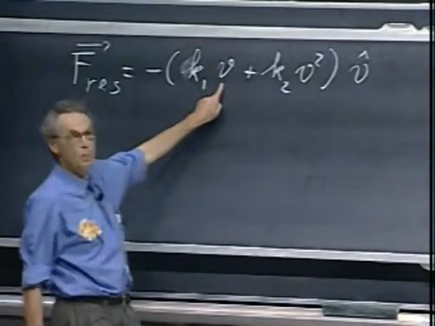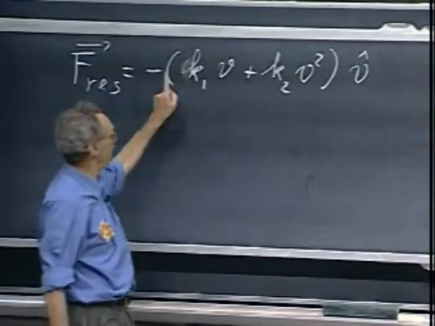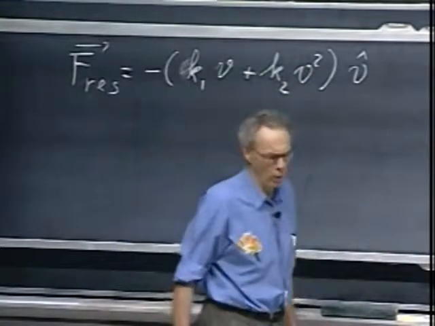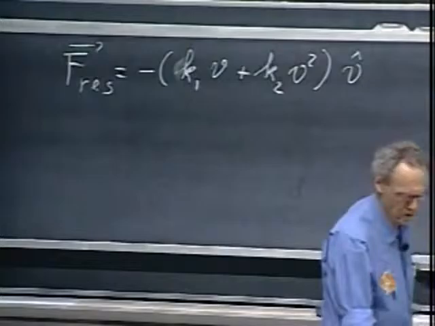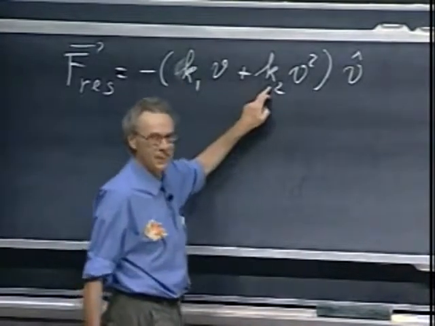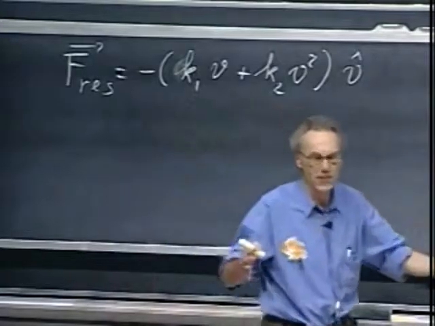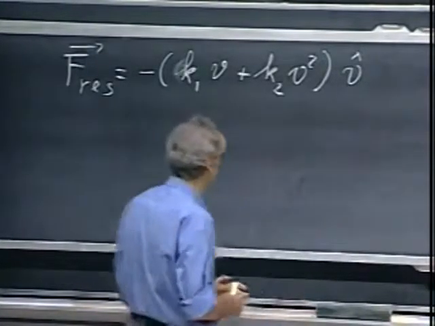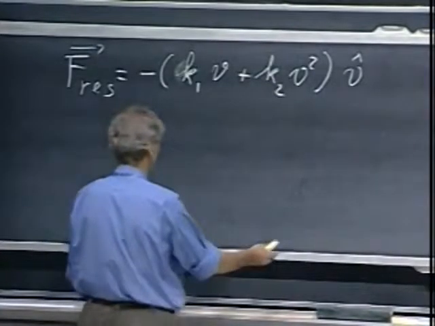This v here is a speed. So all these signs, K1, v, and K2, and obviously v squared, they all are positive values. And the k values depend on the shape and the size of the object and on the kind of medium that I have. Today I will restrict myself exclusively to spheres.